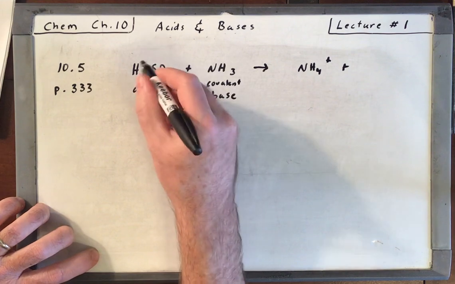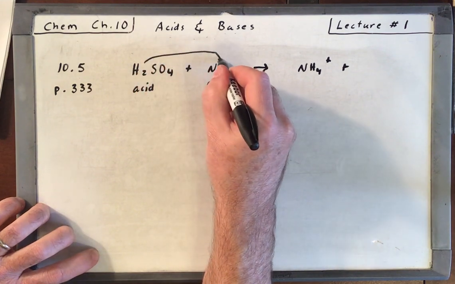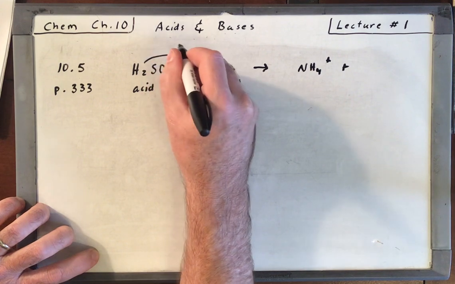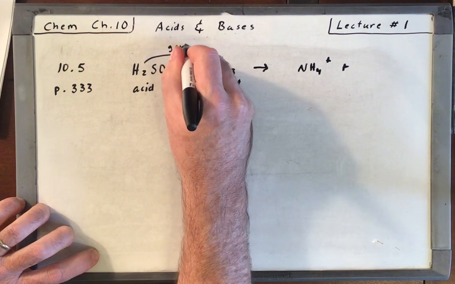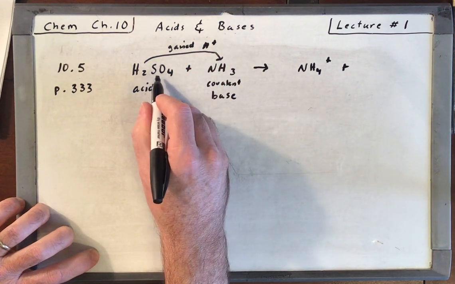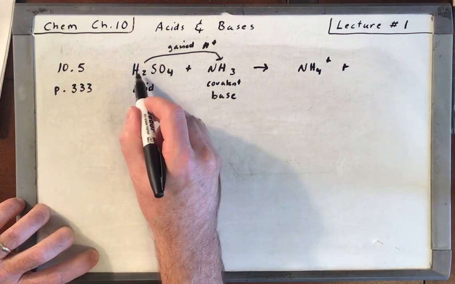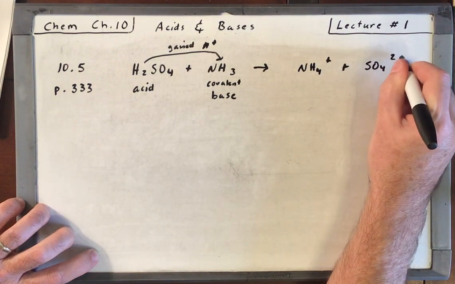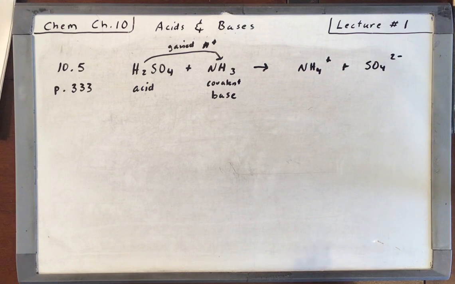What's the other ion? Well, we gave away our hydrogens to NH3. So what's left, what ion is left, it's just SO4 because you gave away your hydrogens. SO4 has a 2 minus charge.